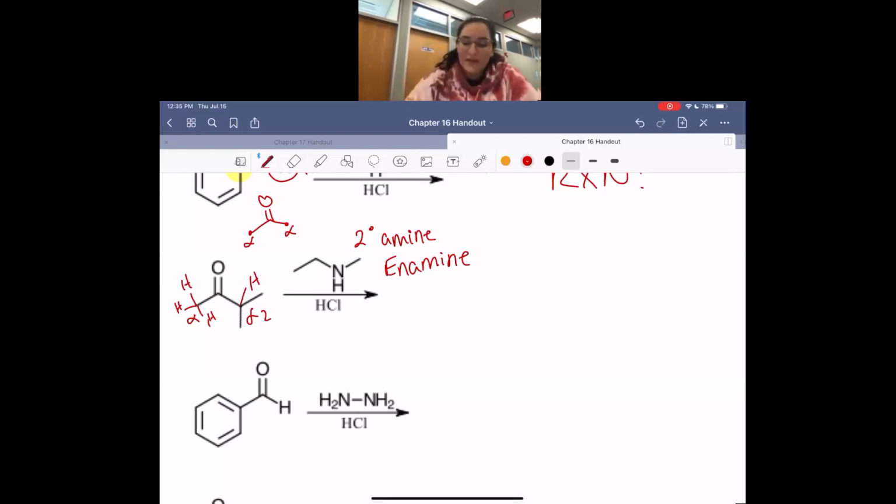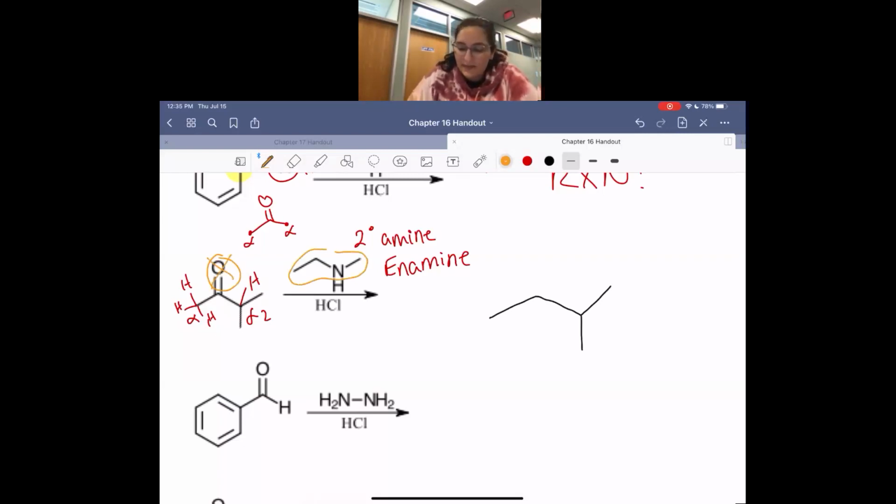Because if we take alpha 2, then we get a double bond here. And that double bond will be tri-substituted, or fully substituted, I should say, while this one would only be di-substituted. So, let me draw out our final product. The carbon skeleton stays the same. And we know for the enamine reaction, we cut this out and we attach this.